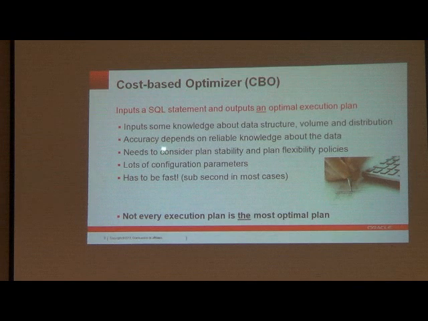How accurate is it going to be? Well, it all depends on how good the quality of the data is that we present to the optimizer. If there is a correlation there. The optimizer has to balance these two, flexibility and stability. There is always this trick, trying to balance these two. There are many parameters, like hundreds of parameters.